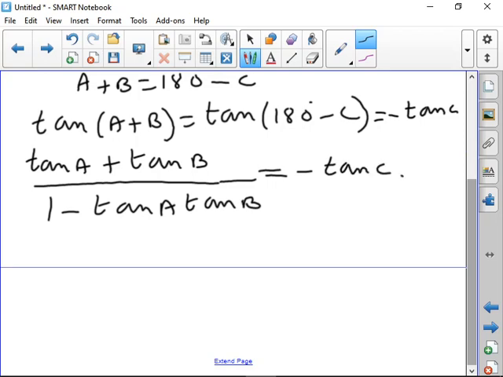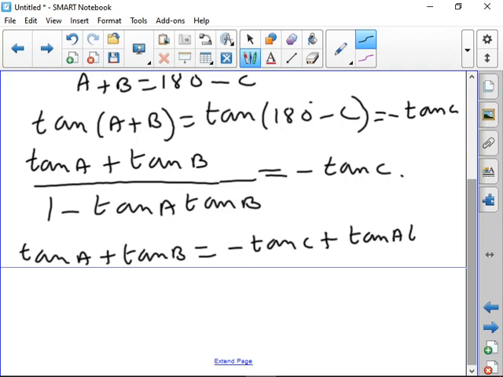So cross multiply. When you cross multiply, we get tan a plus tan b is equal to, so we multiply with the denominator, so we get minus tan c, then plus tan a tan b into tan c. Okay, this is what we get.